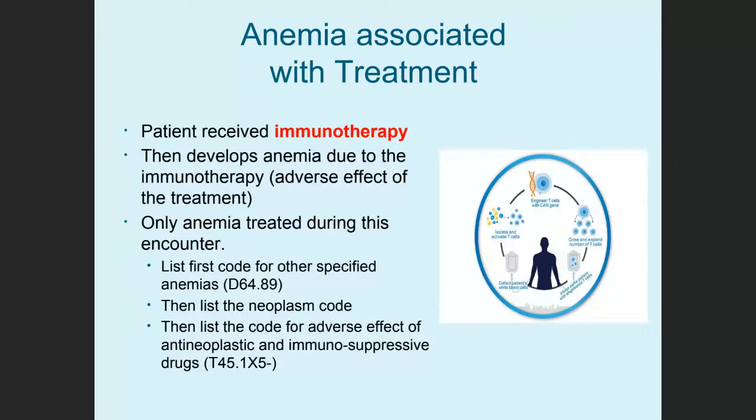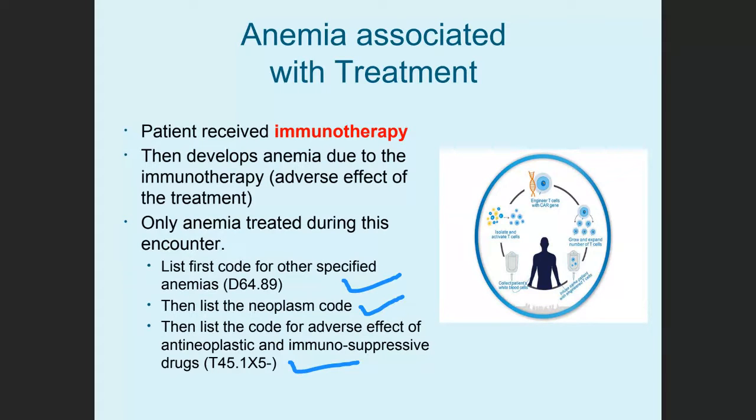Sometimes a patient develops anemia due to immunotherapy. If only the anemia is treated during a specific visit, code first the code for anemia, D64.89, then neoplasm and the adverse effect of neoplasm code from the T section.